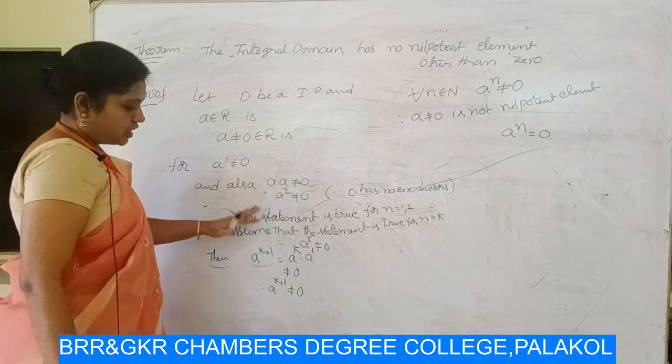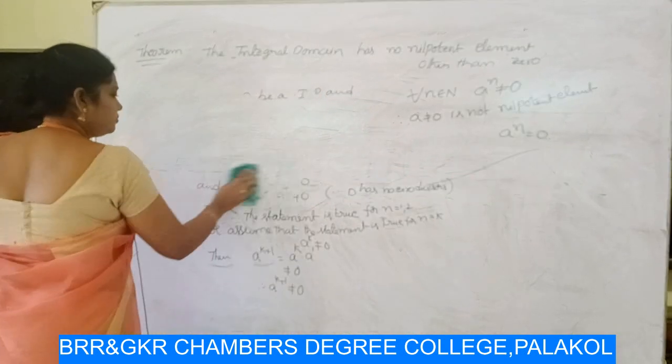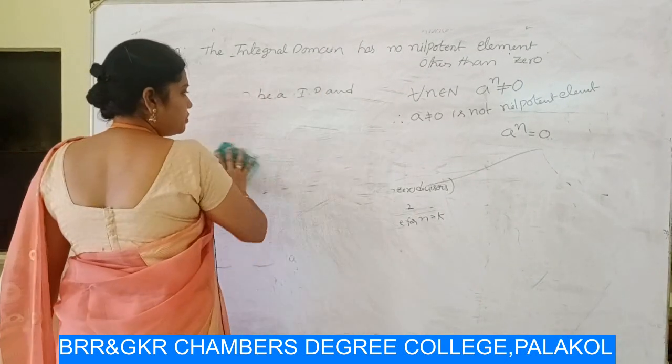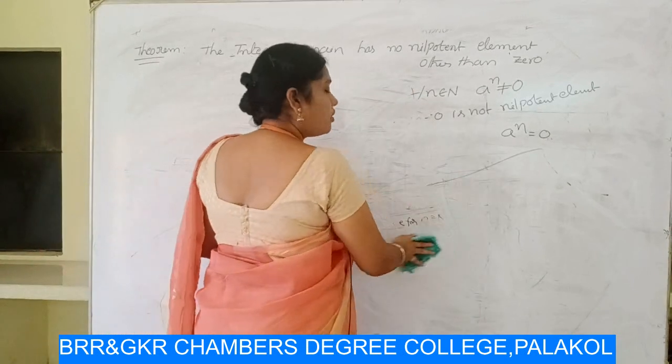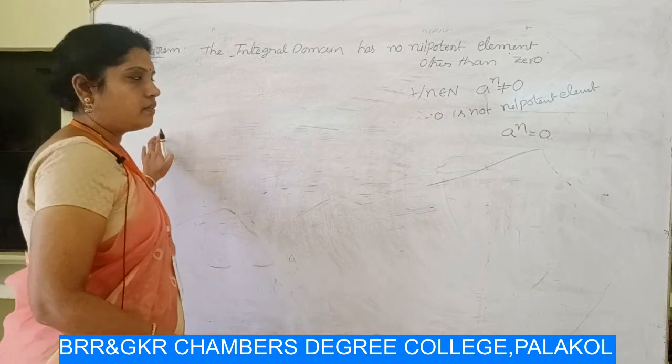Here we used mathematical induction. That means the statement is true for n equal to 1. We have to assume it for n equal to k, and prove it for n equal to k plus 1.